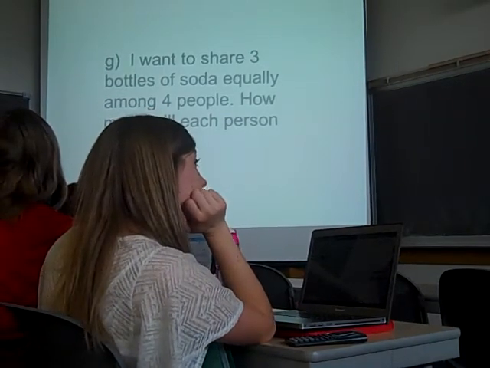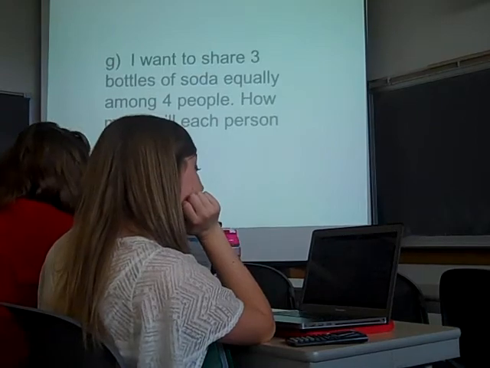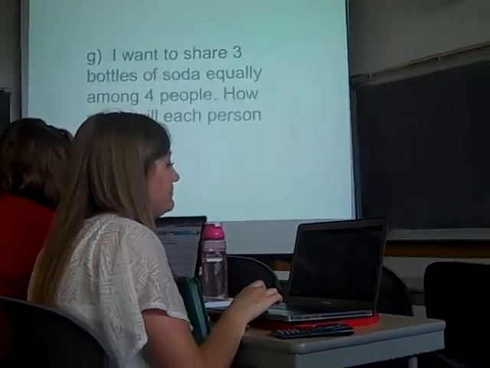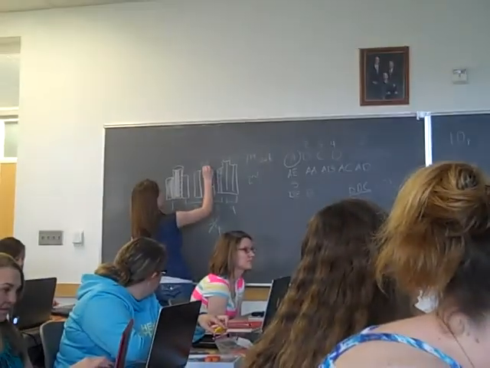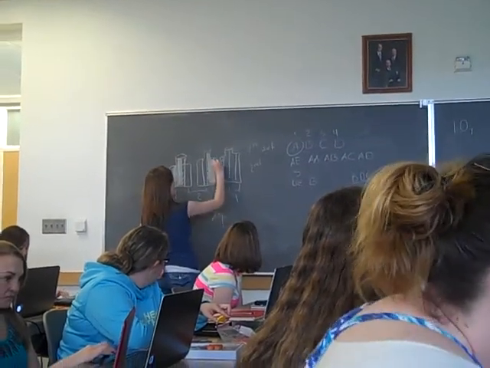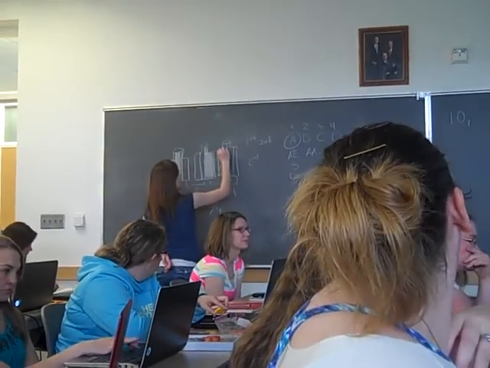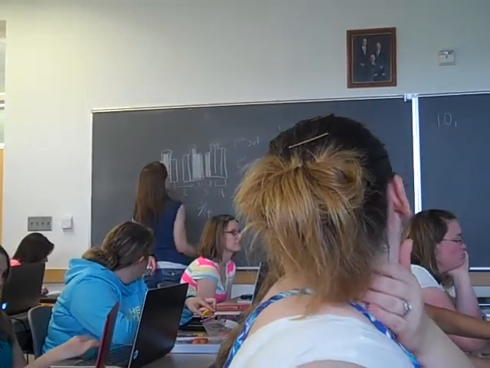So how much will each person get? 3/4. Everybody see that picture? Each one of them getting 3/4 of a bottle would be 3 bottles being shared equally among 4 people. Thank you.